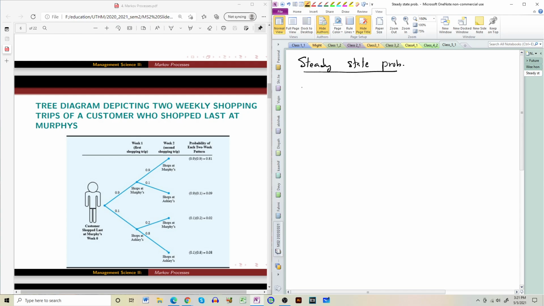We know that pi 1 is Murphy's, pi 2 is Ashley's. So I'm writing this in matrix form now. This is one method we use, called the Markov process. This is the formula or method. Just follow this. You have two states, write the two states here, and copy back the two states here.